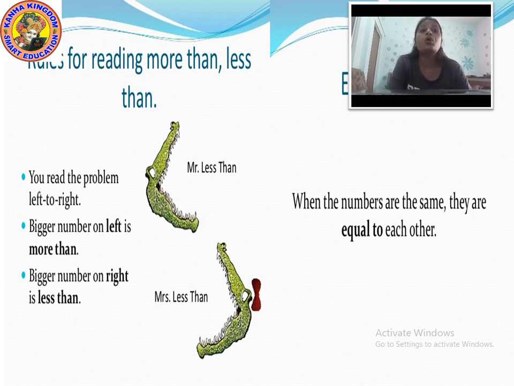The bigger number on the left is eaten by Mr. More than, and the bigger number on the right side is eaten by Mr. Less than.